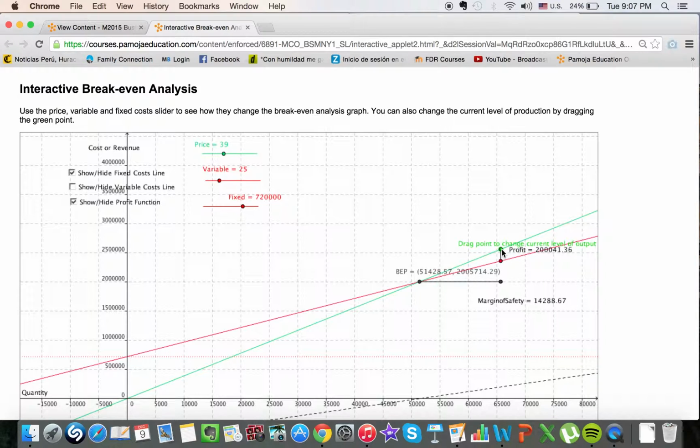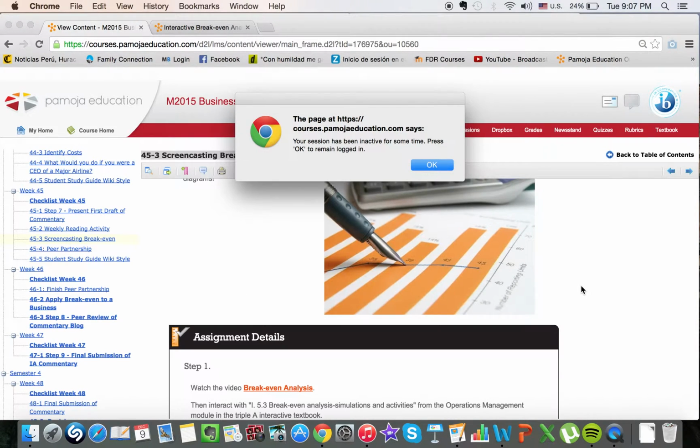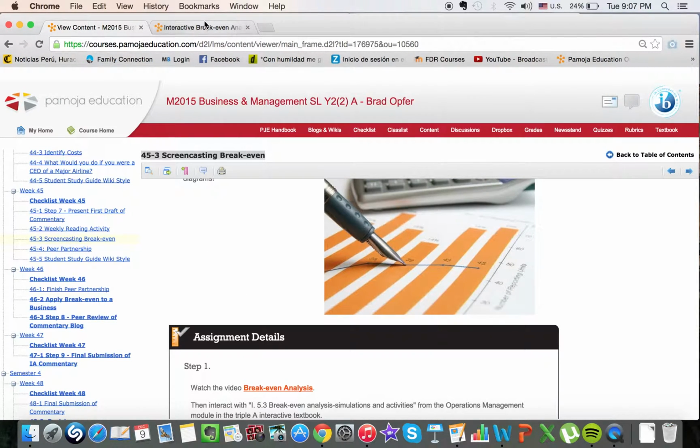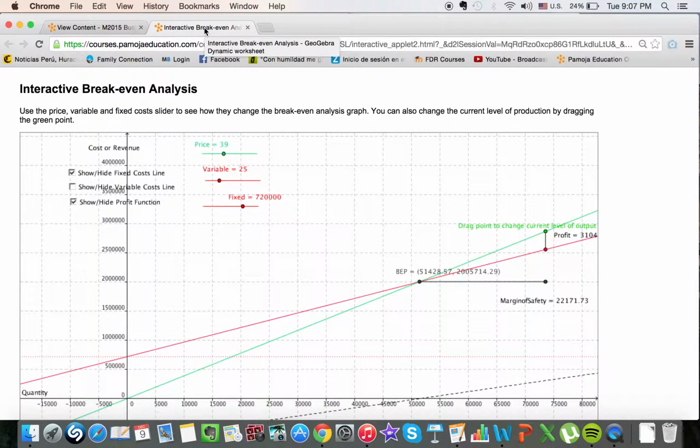We can also notice that as firms produce more output, their profit becomes bigger, and the margin of safety also becomes bigger. The margin of safety is the difference between the quantity the firm is producing and the quantity at the break-even point.